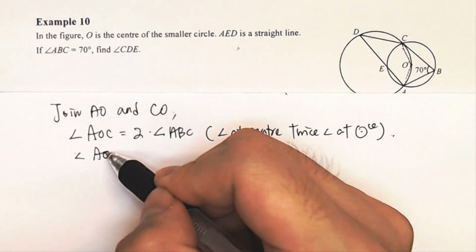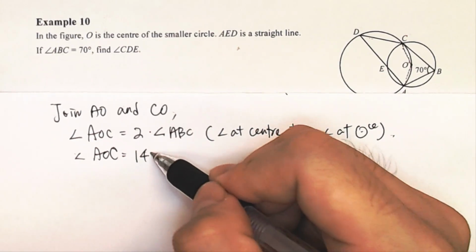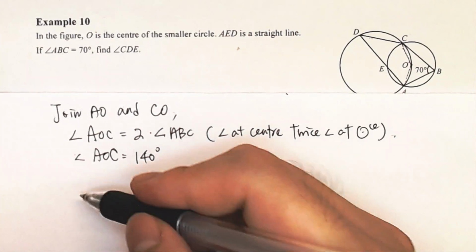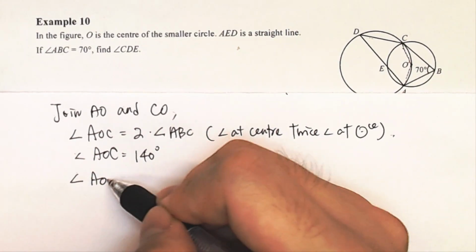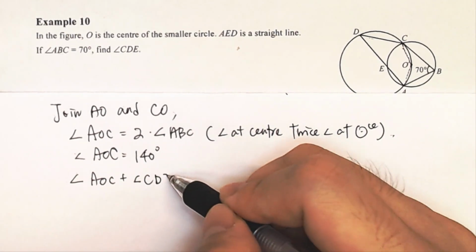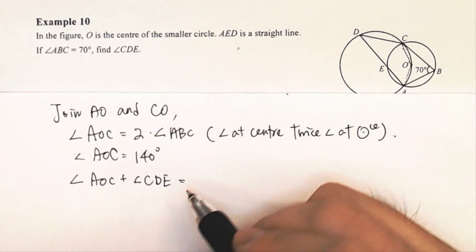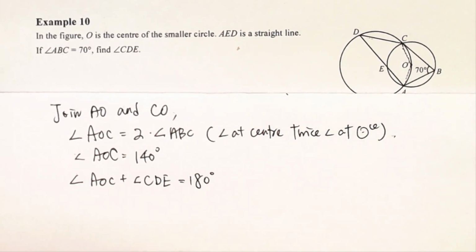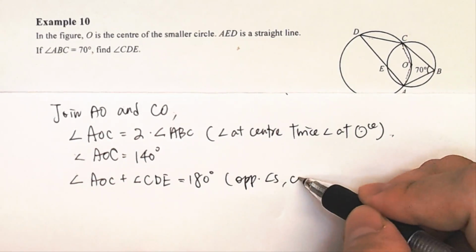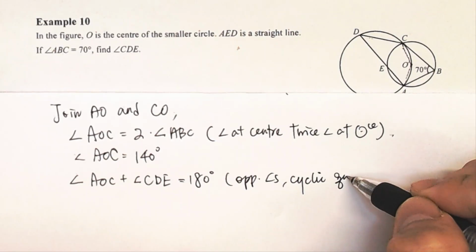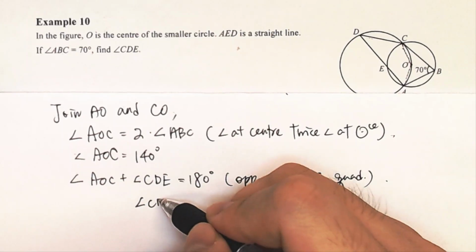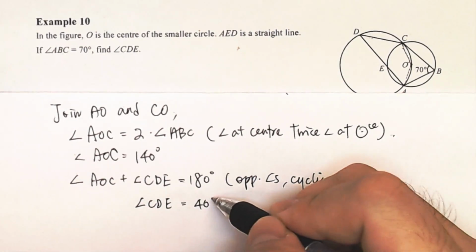So angle AOC is 140 degrees. And next we have angle AOC plus angle CDE equals 180 degrees, opposite angles of a cyclic quad. And thus angle CDE is 40 degrees.